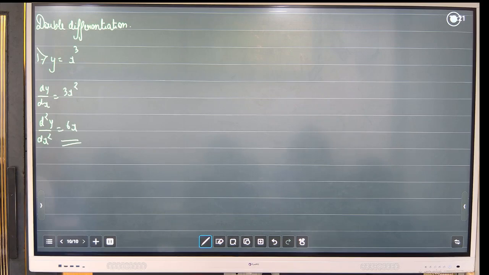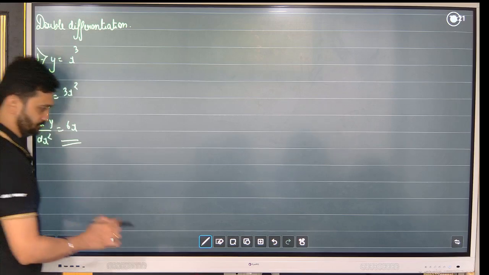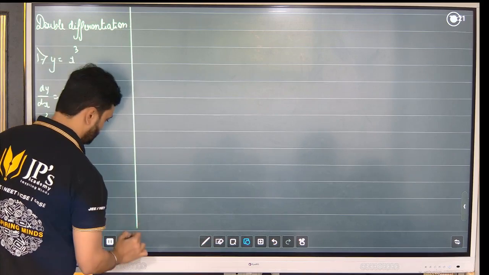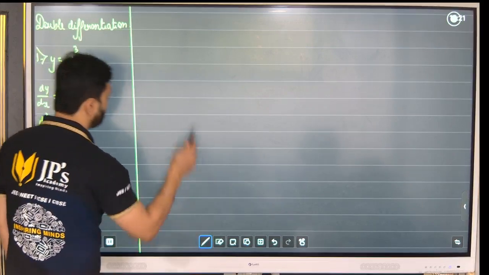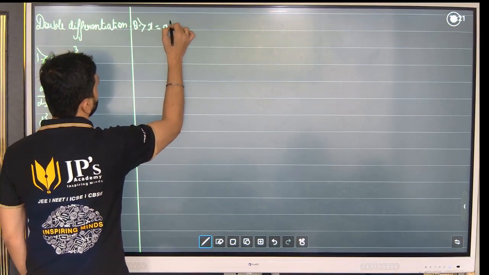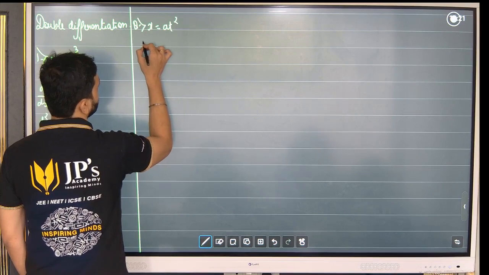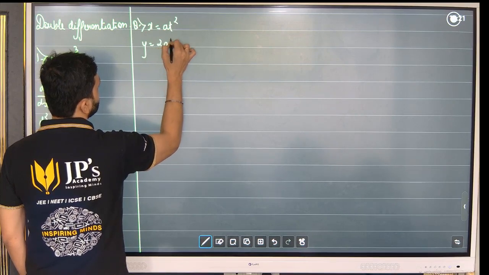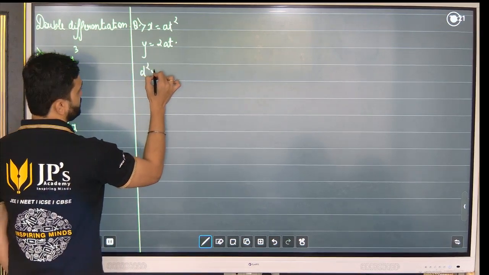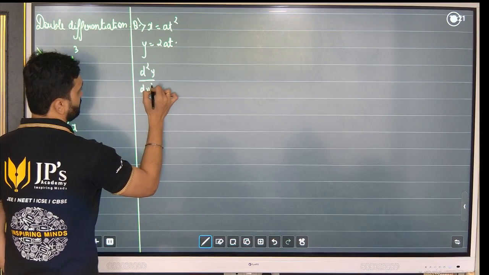Nothing else. So, one question that we did in parametric function, the same question, if you remember, we had done this question. X is equal to at square, y is equal to 2at. I am supposed to find d square y by dx square.